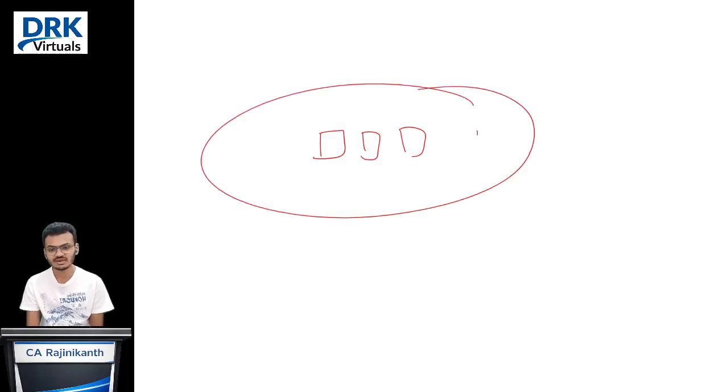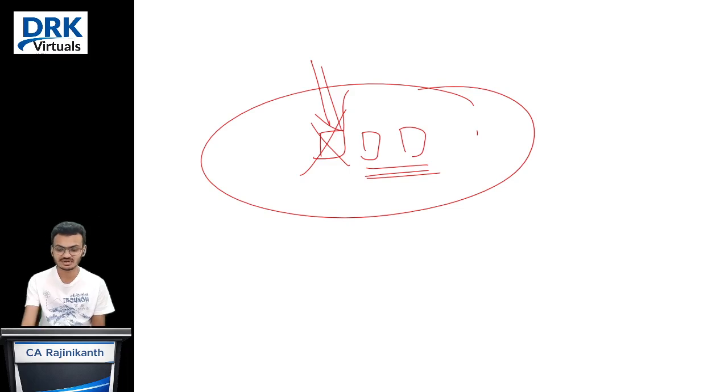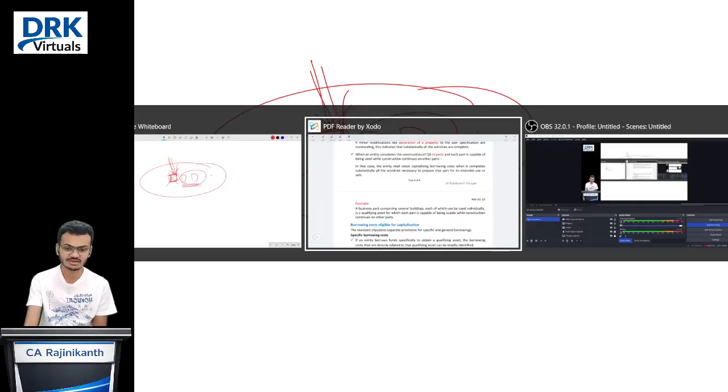Out of these 3 buildings, 1 building's construction is completed substantially and the remaining 2 buildings are in progress. So the borrowing cost related to this building, we should stop capitalizing. That is what the standard is saying. Because this building's construction is completed, we can use this building independently from the other 2 buildings, correct? So we should stop the capitalization for this building.